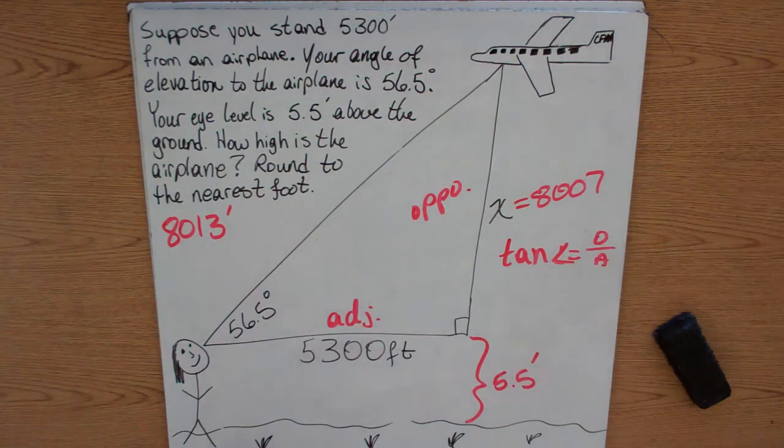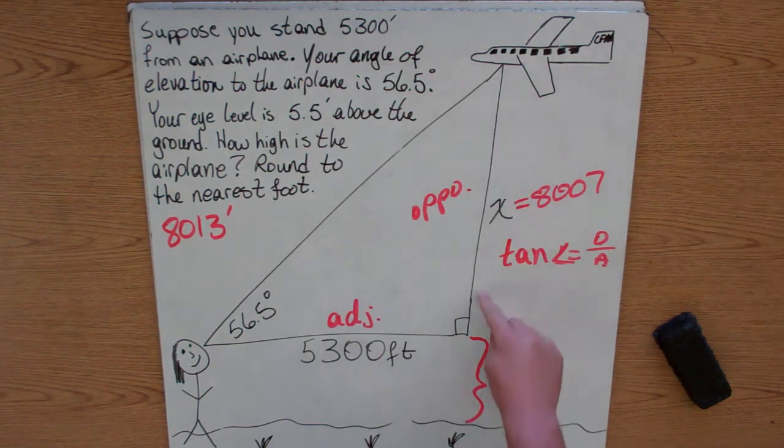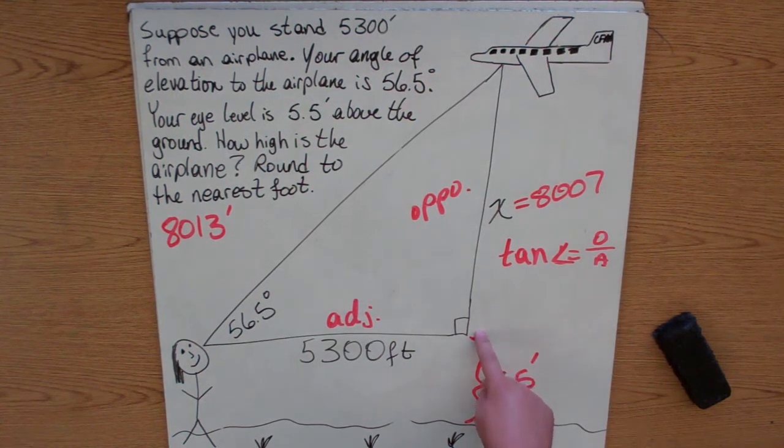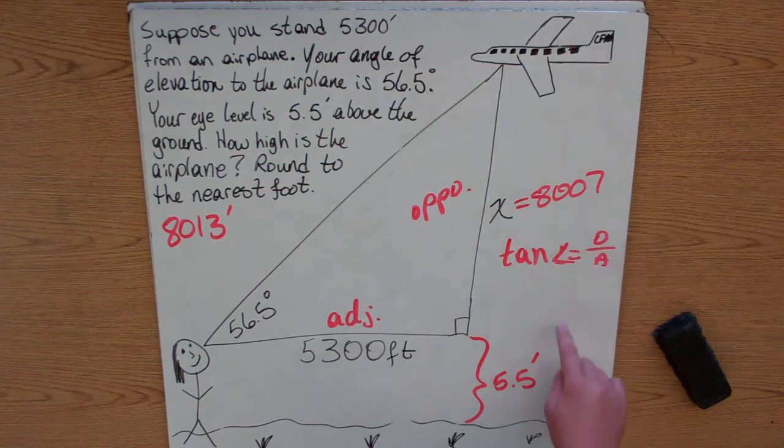He could be looking down at a radar tower. The top of the radar tower could be, I don't know how tall radar towers are, 50 feet above the ground. So this would be the distance the airplane is from the top of the radar tower, and then this would be 50 feet. So you have to add these two distances together to get the height of the airplane.